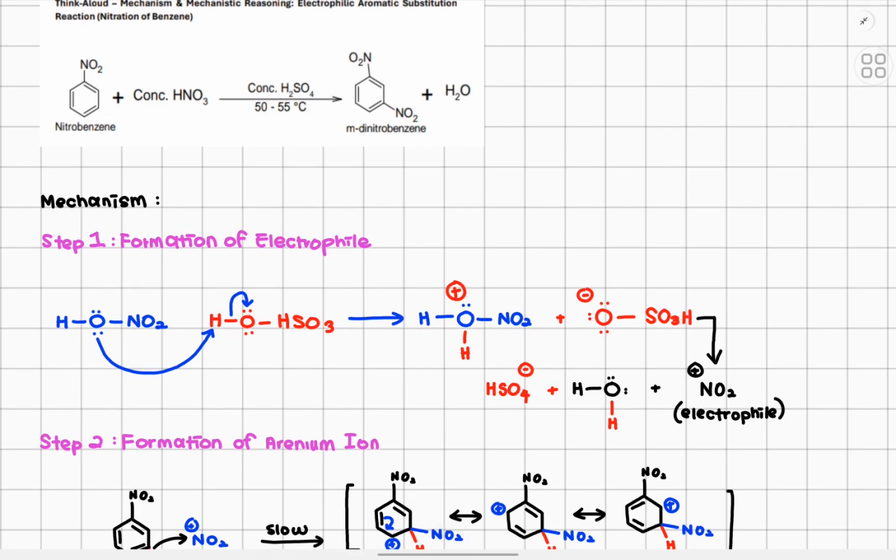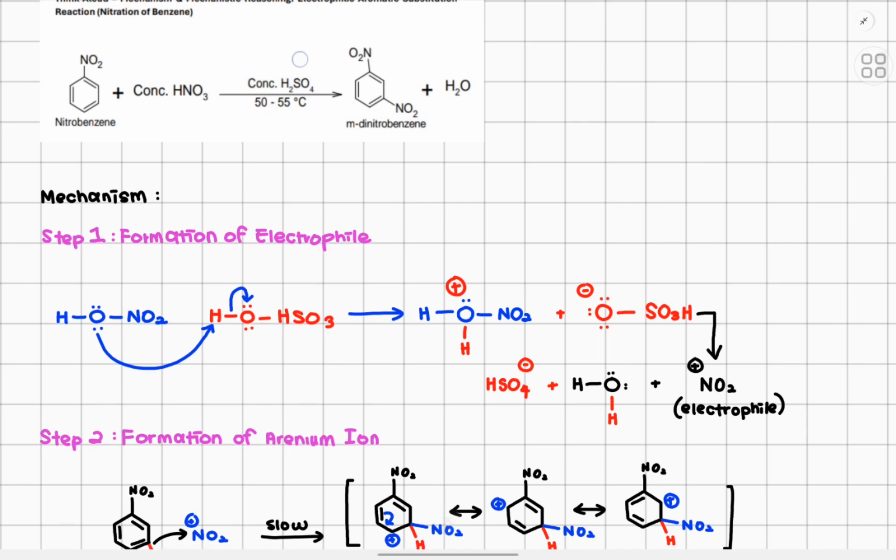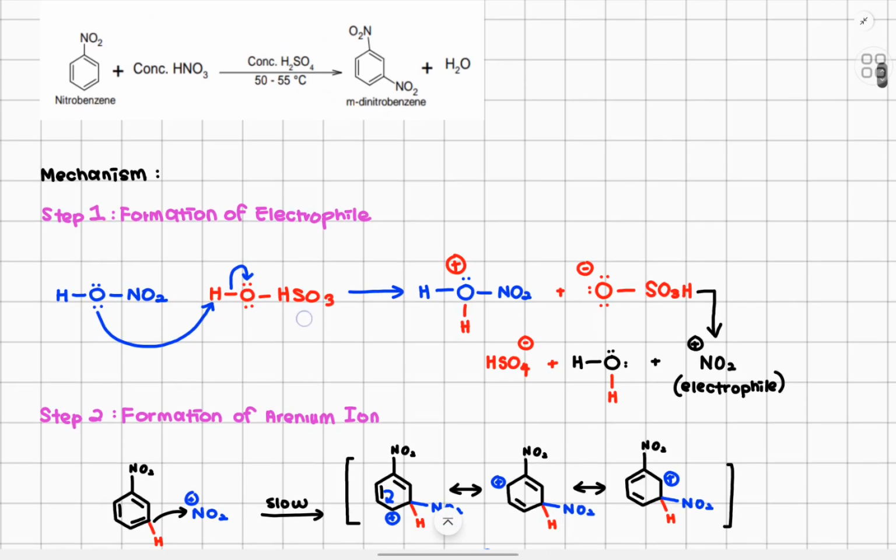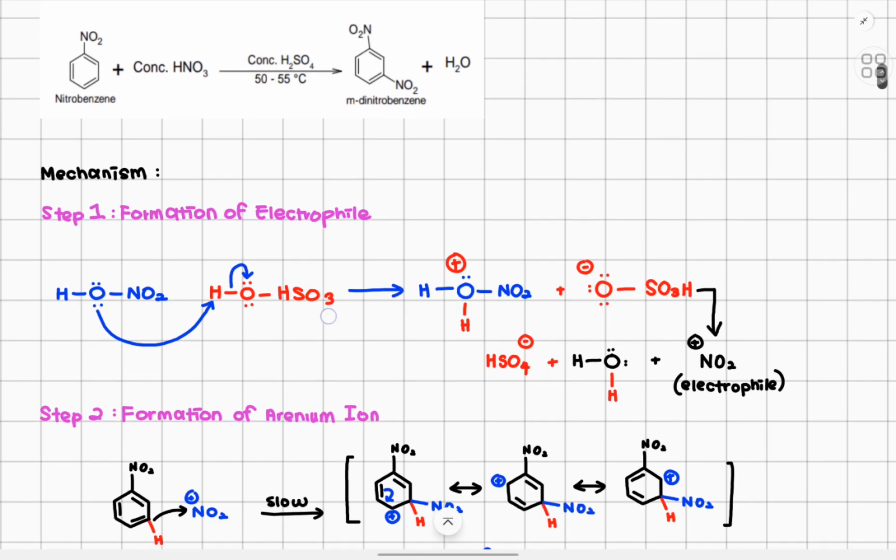How? The HNO3 will attack the H2SO4 so that the electrophile can be formed.